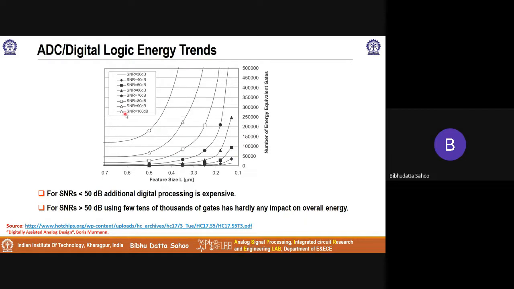If I want to achieve, let's say, 30 dB of SNR in a lower technology node, and I want to have a sloppy analog circuit, then I would need roughly 10,000 digital gates to compensate for the non-idealities, right?